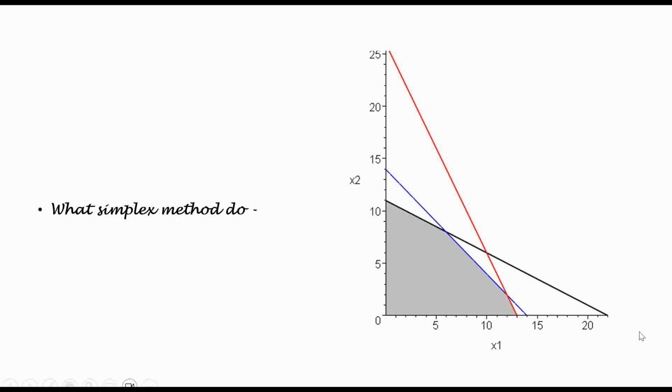Let's consider this graph. There are some curves, three curves actually, one, two, three, and these curves intersect at some points. And this is the area which is occupied by these curves.